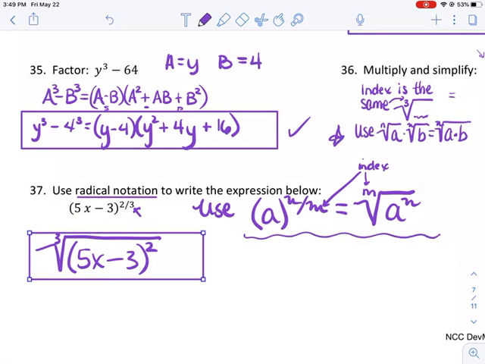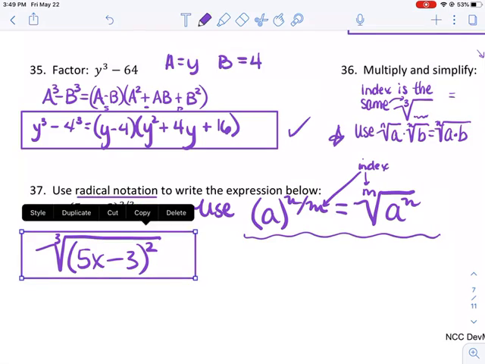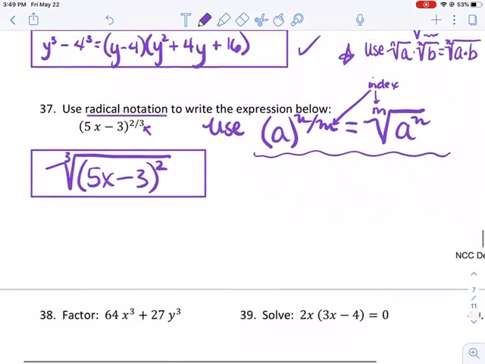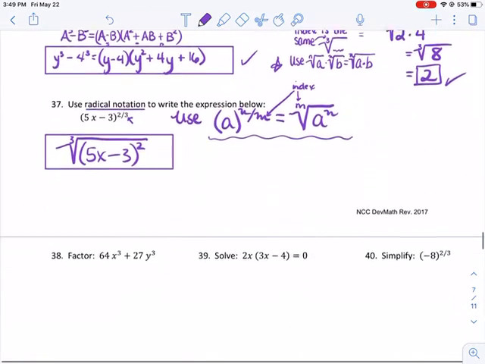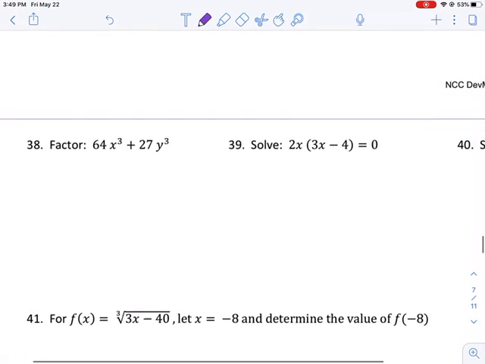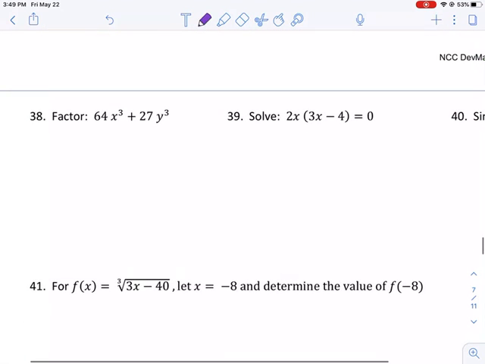Okay. Maybe I want to look at the next page because there was one that I was thinking about doing and a little bit of time left on the video. So coming up to here, as a first step for number 38, I want to write this as a perfect cube. So you're going to use your rules in reverse. This would be 4x, the quantity cubed.